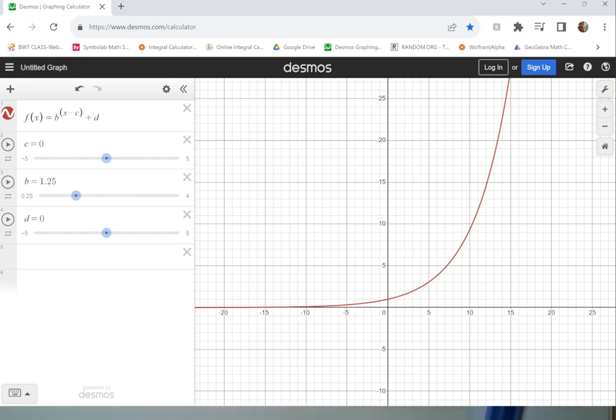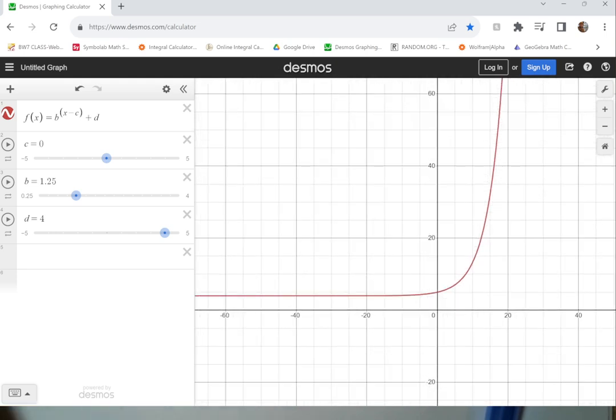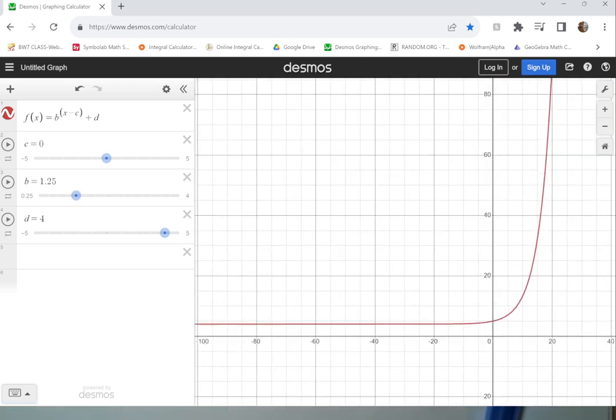All right, so here where b is 1 1/4, and d and c are both set to 0, if we move d, notice what it looks like the graph is changing. There's nothing really changing about the graph, the shape at least isn't changing. We're shifting it, and because of the window size, it looks like we're actually moving it.